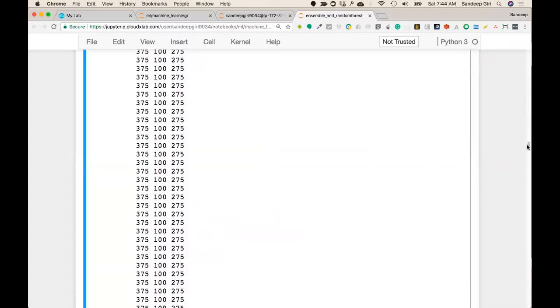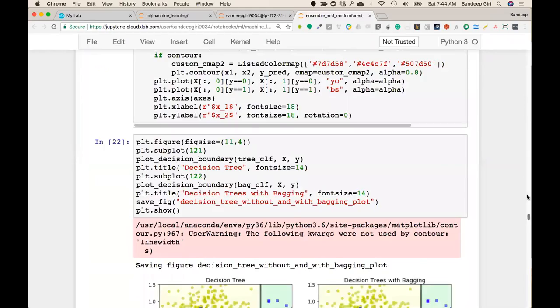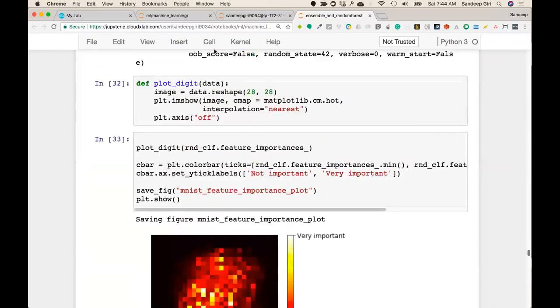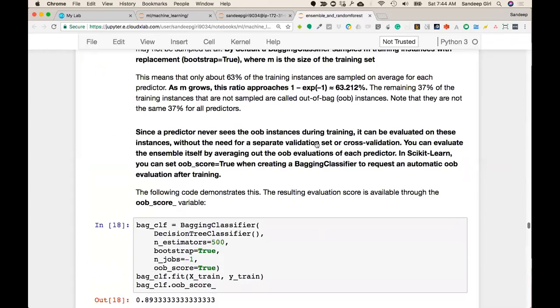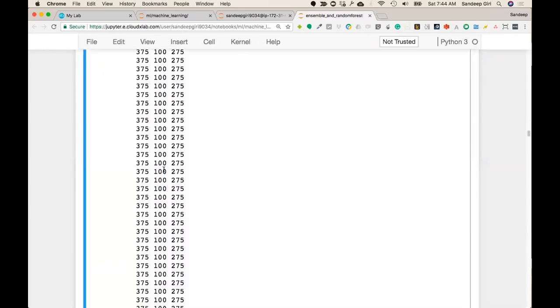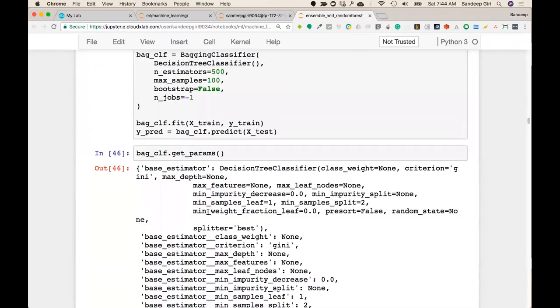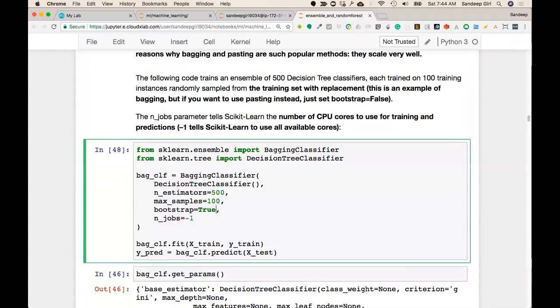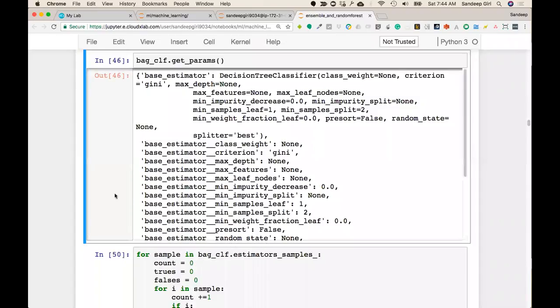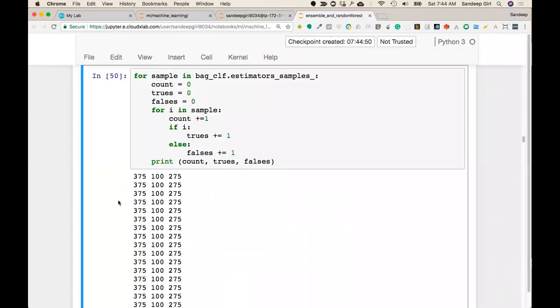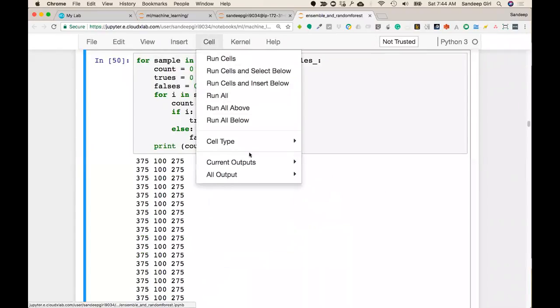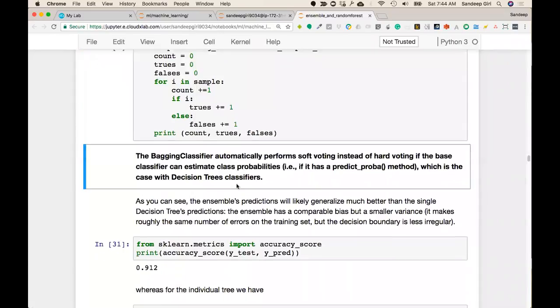The calculation is correct. It's just the result is strange. So we'll see why it's happening that way. Going back up and enabling bootstrap, and clearing the output here.